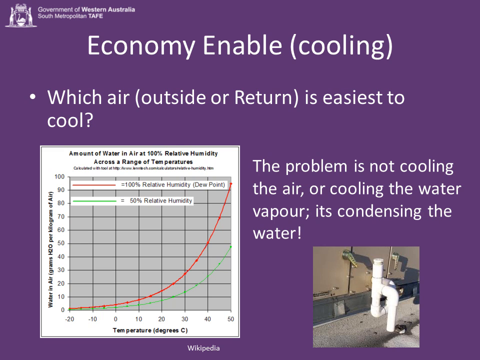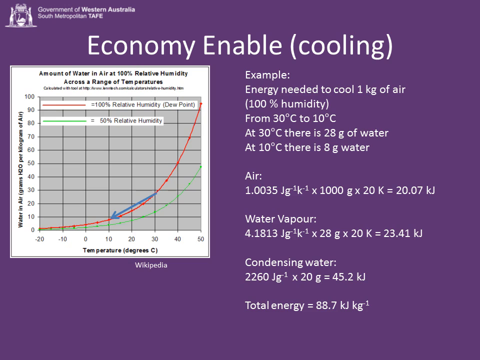So let's have a look at some of the energy we need. Let's take the example of, we've got a kilogram of air, and it's 100% humidity. It's supporting absolutely as much water as it can support, and it's at 30 degrees Celsius. To make the numbers easy, I've used round numbers, okay? So I'm going to take air at 30 degrees and I'm going to cool it to 10 degrees.